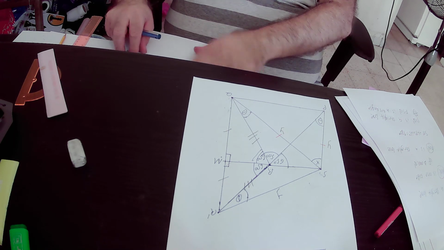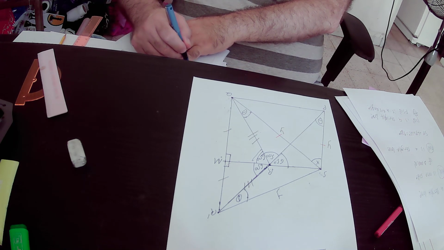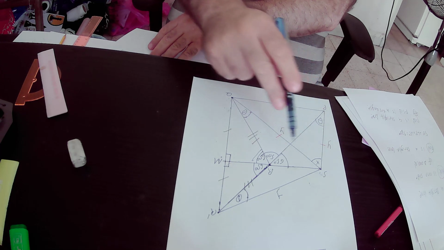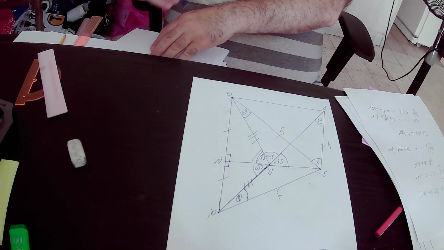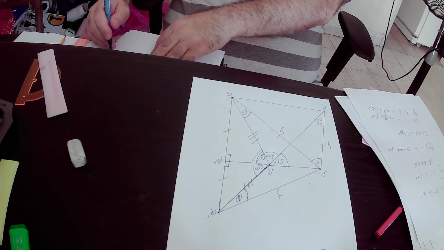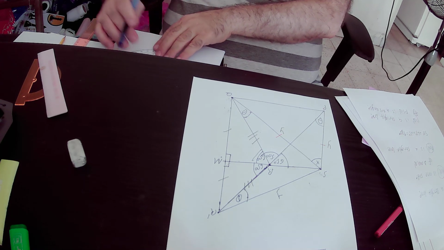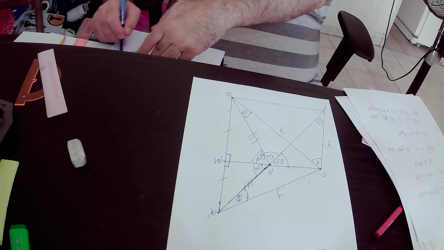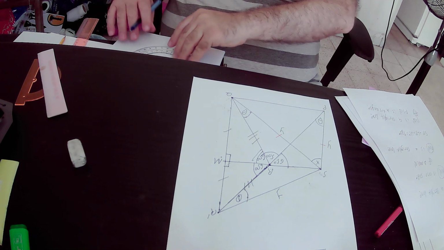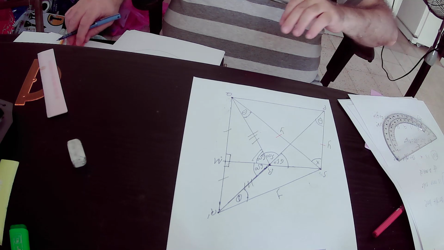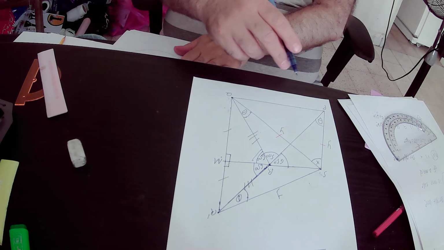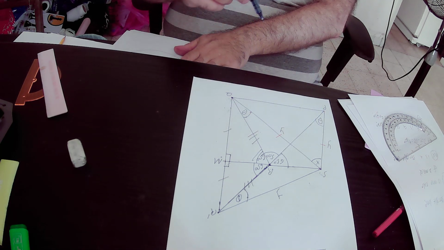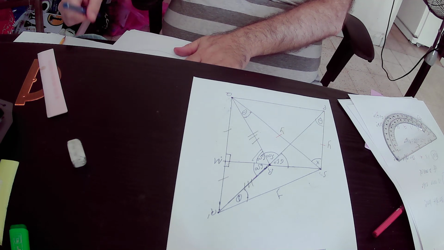Here I will draw a circle with those four points S, R, P, and Q on the circle that I will draw.